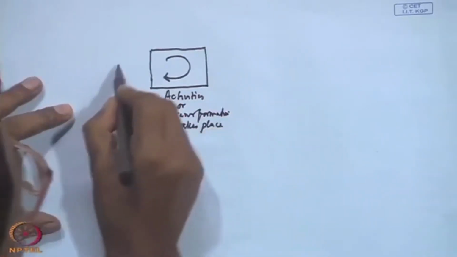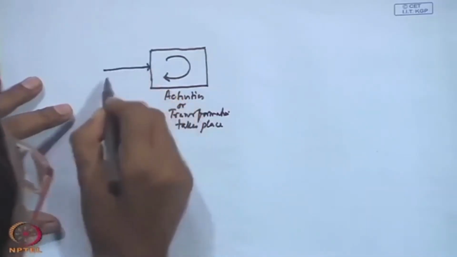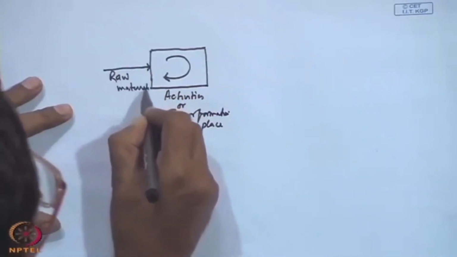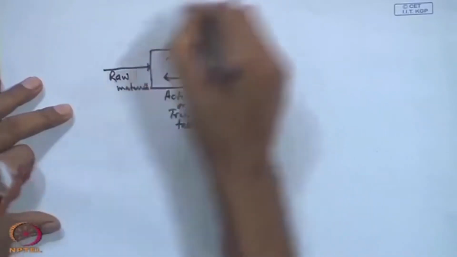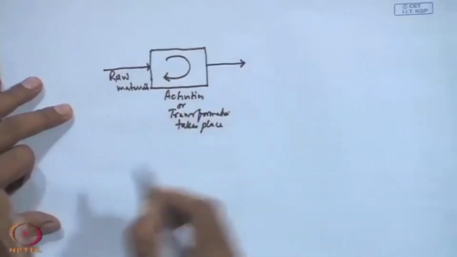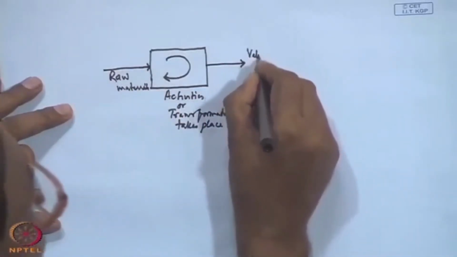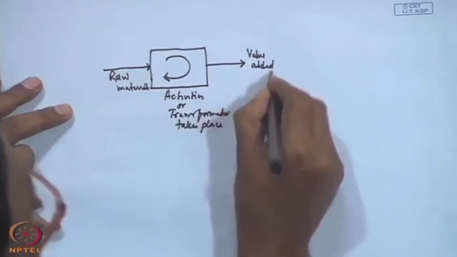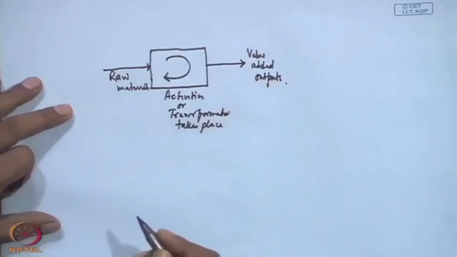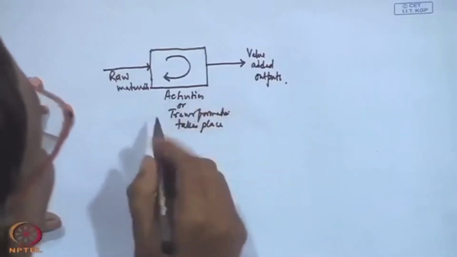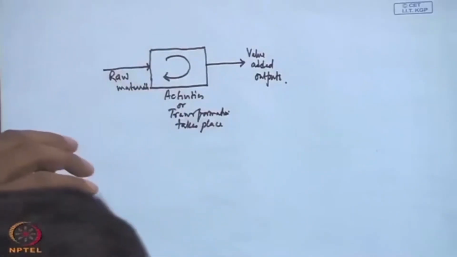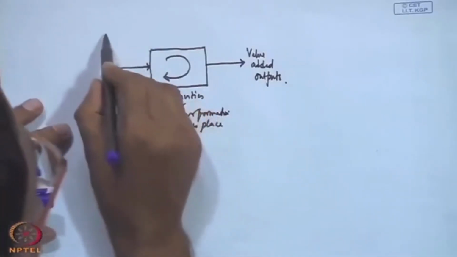For example, you give inputs as raw materials and the production process converts them into value added output.